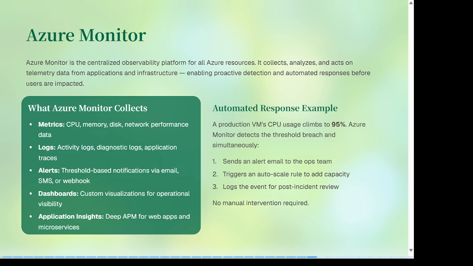Azure Advisor is not just monitoring, it is a continuous optimization engine. A cloud cost and performance advisor, a best practices recommendation system. It helps organizations improve continuously without manual analysis.